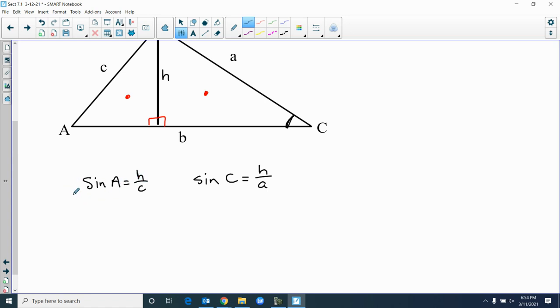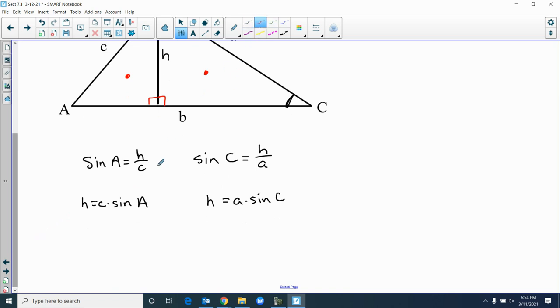If I multiply by C on both sides, I get H equals C times sine of A. And the same thing here: if I multiply both sides by A, I get H equals A times the sine of C. Since they both equal H, I can set them equal to each other. So C times the sine of A will equal A times the sine of C.